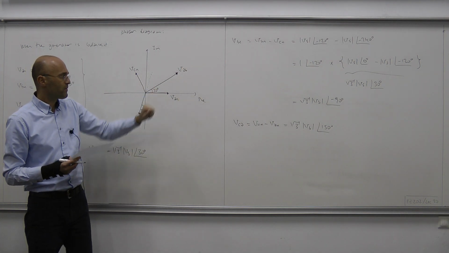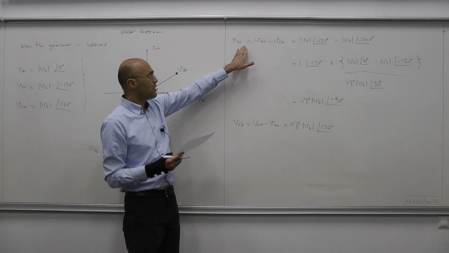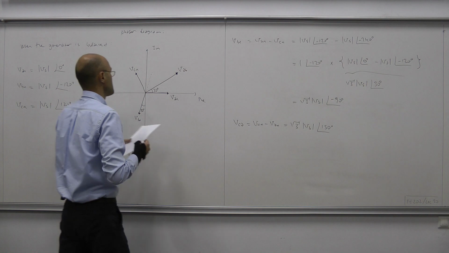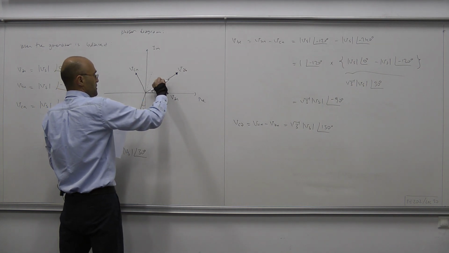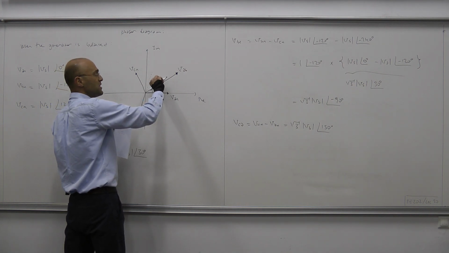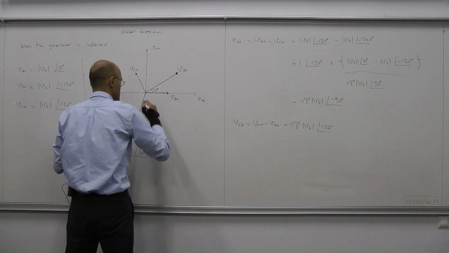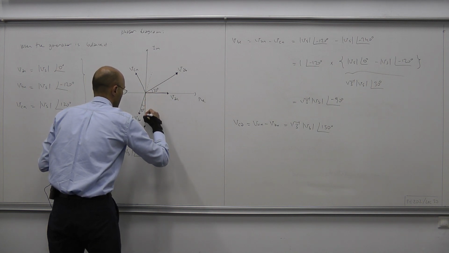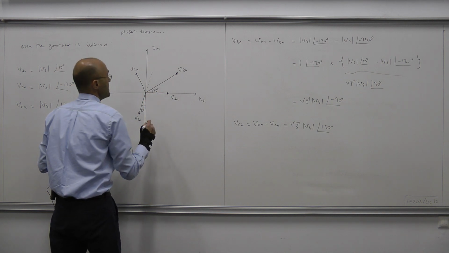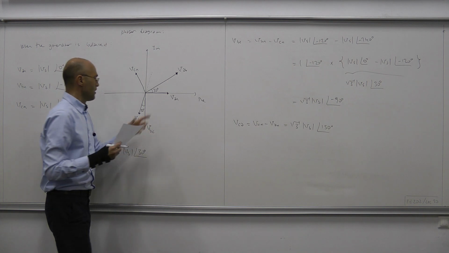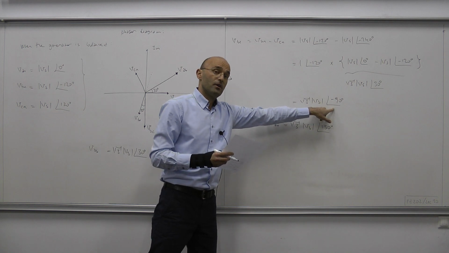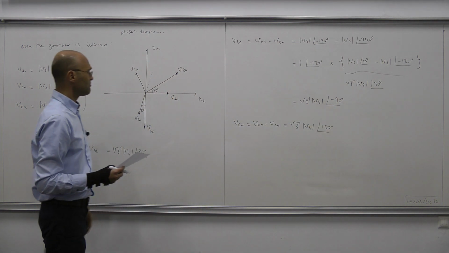Now, from VAB to VBC, we go 120 degrees clockwise. So this is 30 degrees, and you go 120 degrees, so that makes the negative vertical axis. So this is our VBC, where the phase is clearly minus 90 degrees, as expected.